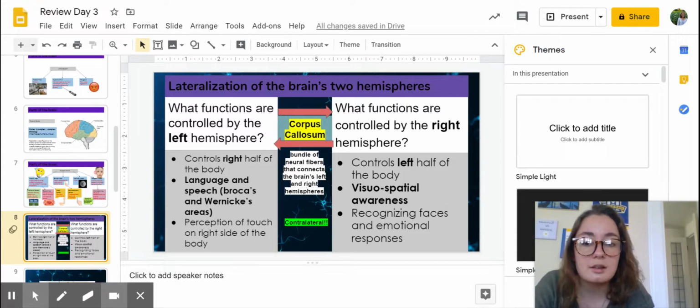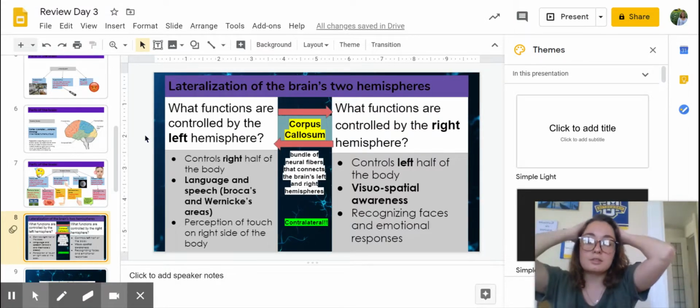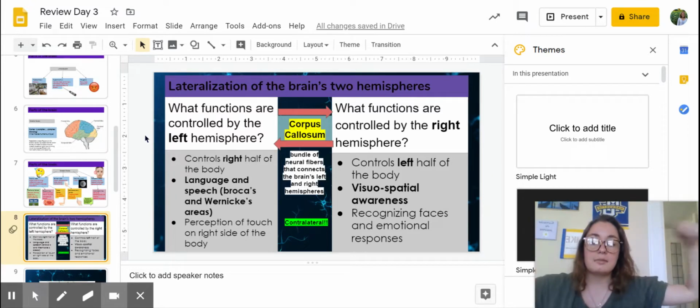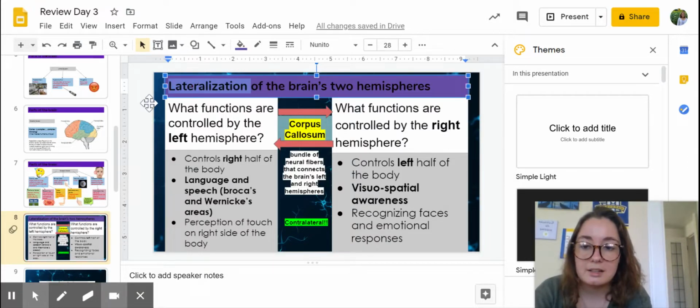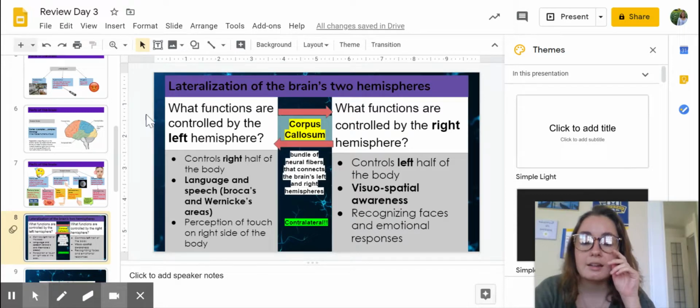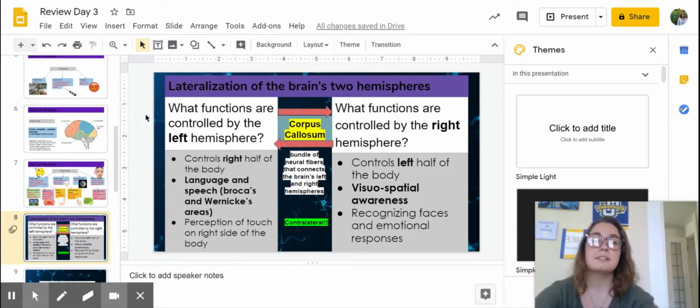Another important thing to note is that thinking big picture, our brain has two hemispheres, right? We have our left and our right hemisphere. So these are lateralized. And what it means for something to be lateralized is that the different hemispheres have different functions. So each hemisphere has its own unique function.